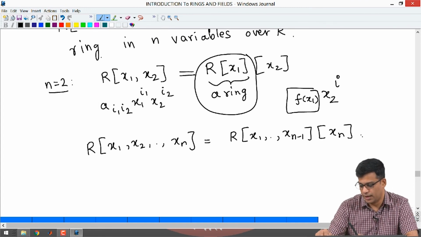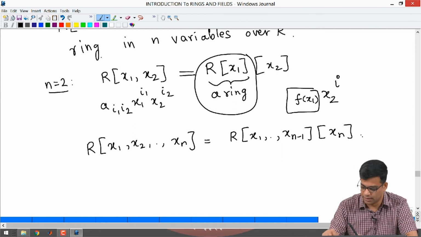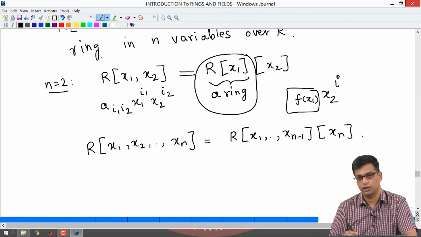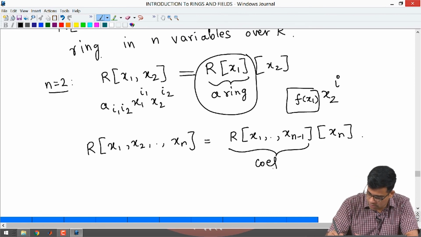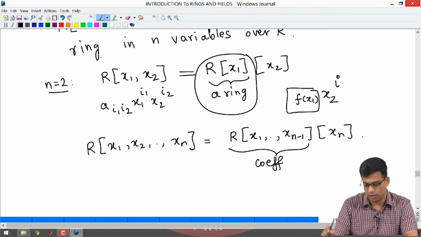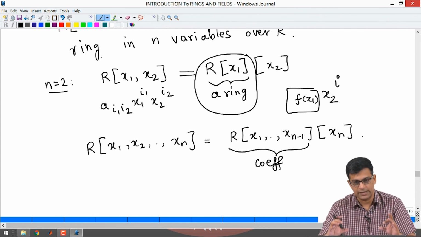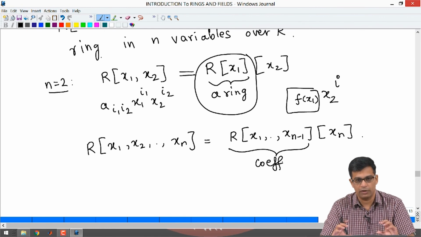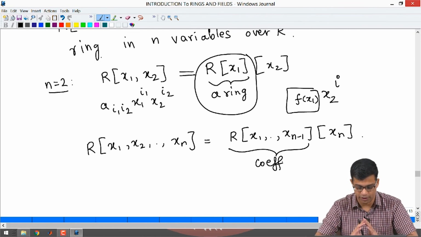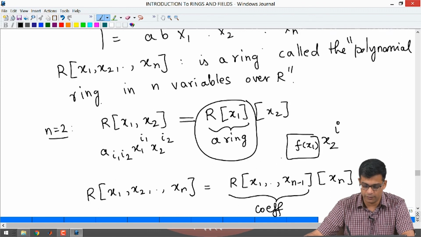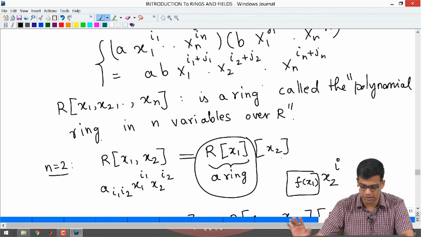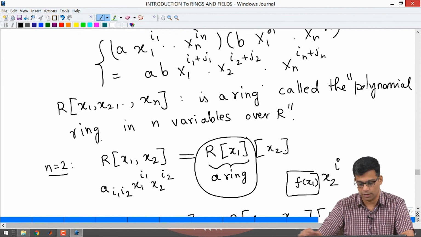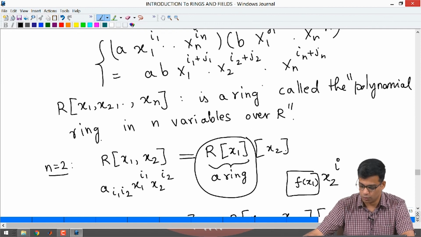So, this is just polynomials in a single variable called xn with coefficients coming from the polynomial ring in n minus 1 variables. So, these are coefficients. Okay. And again, as I said, these are exactly the same objects, but our perspective is different, and we will not, at least initially, discuss much about polynomial rings in several variables, but I wanted to at least define them so that you are familiar with them.